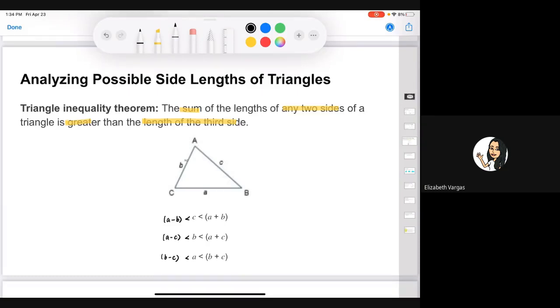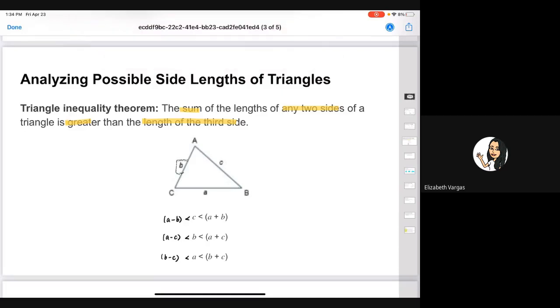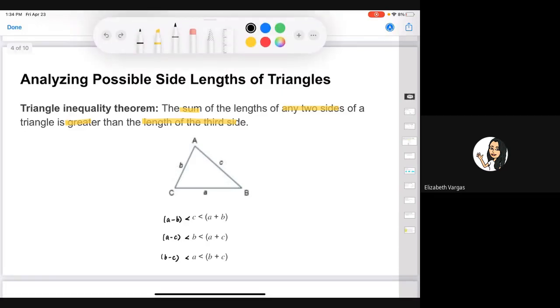So if I was trying to find the length of B, B has to be less than the sum of A and C. If I was trying to find A, it would have to be less than the sum of B and C. If I were trying to find C, it would have to be less than the sum of A and B. That's what this theorem is telling me.